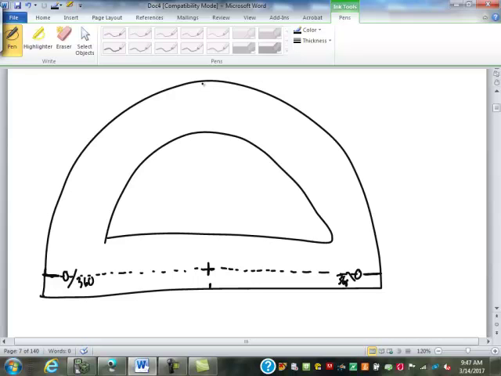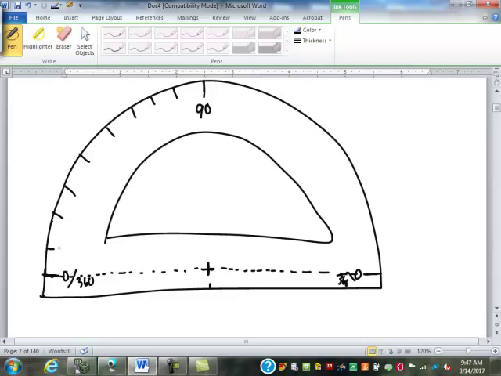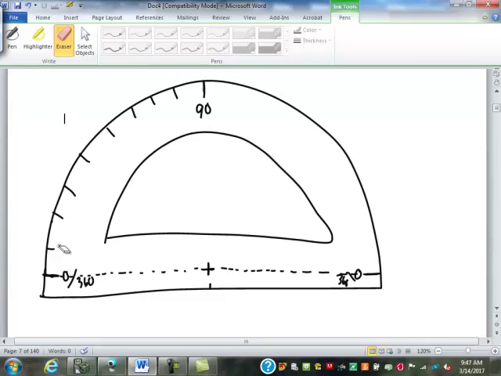Of course, right at the top here is 90. So this is going to be marked, so I've got this right. We'll see. 10, 20, 30, 40, 50, 60, 70, 80, and 90.